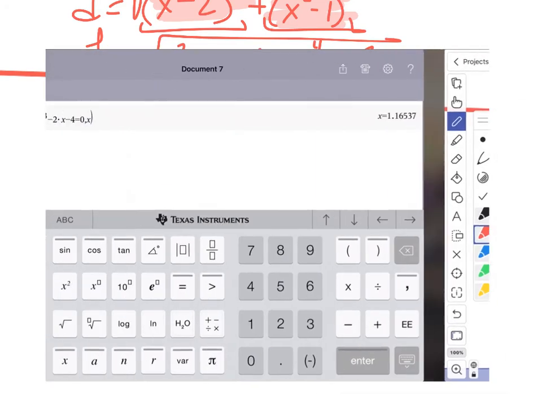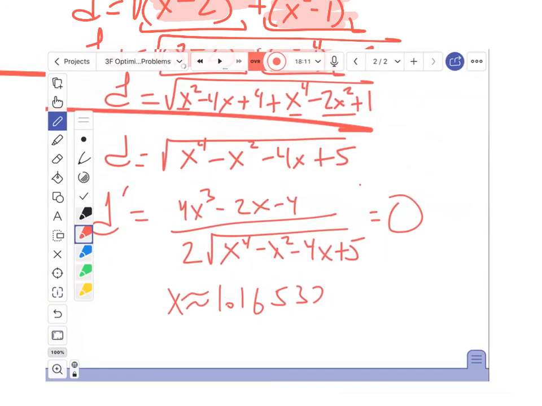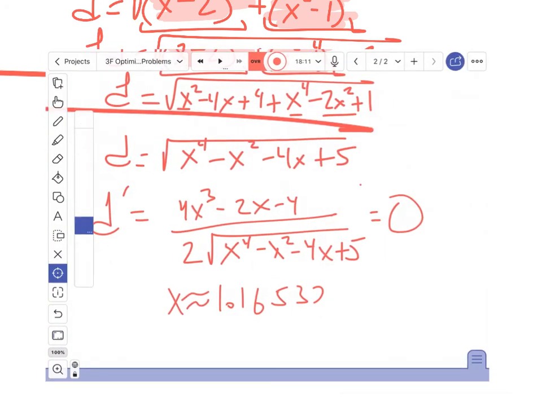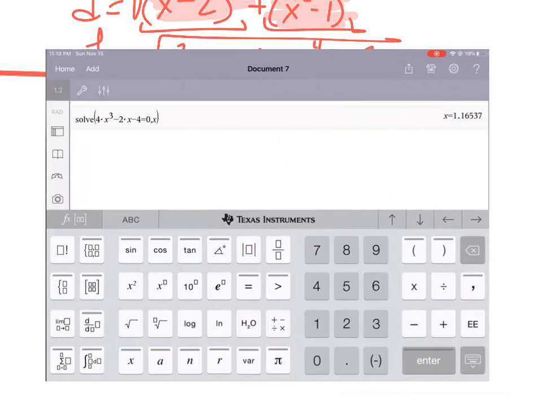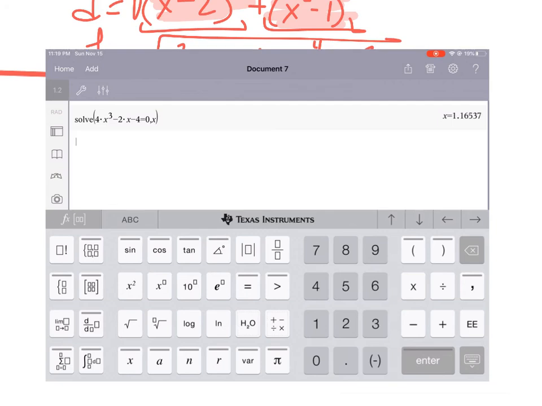And then we want to look at the bottom. The square root can't actually be 0, because the square root of 0 is 0, and that would wipe it out. So let's try x to the 4th minus x squared minus 4x plus 5. We're going to solve again.